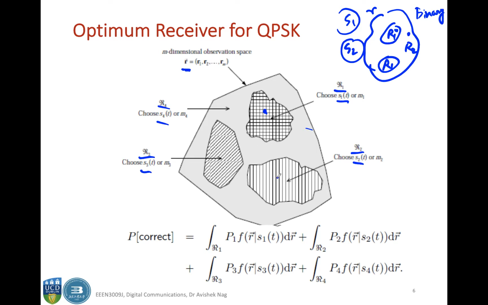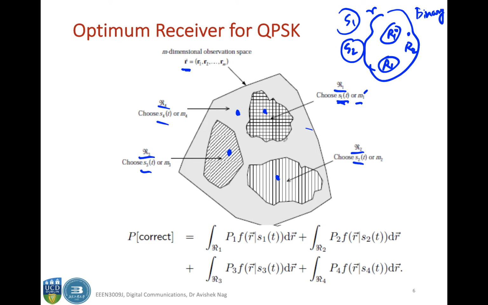If it falls into this region, you decide S2 was transmitted. If it falls here, S3, and if it falls here, you decide S4 was transmitted. Then you can make a decision because you know the mapping of the messages on the signals. So if you can figure out which signal was transmitted, then you can also figure out which message was originally transmitted.